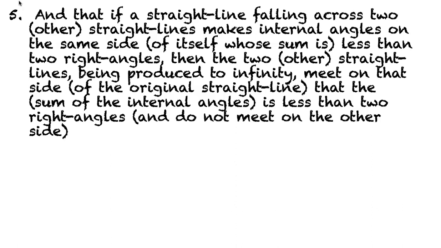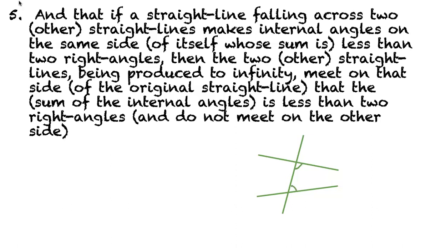So they said if there is a straight line falling across two other straight lines. So let's say two straight lines. Then this is the line falling across the two other straight lines. And then they make the internal angles on the same side of the straight line, which are these two.